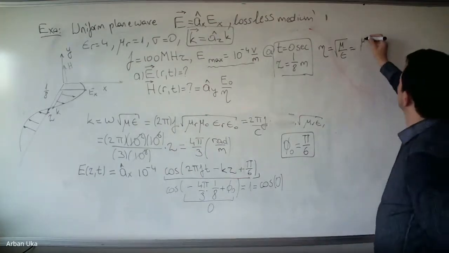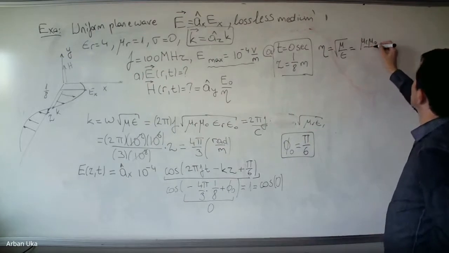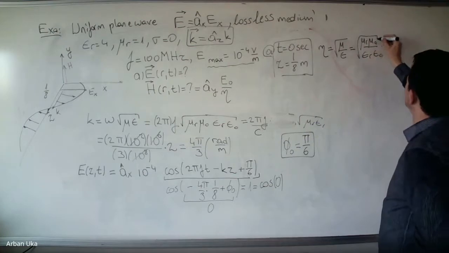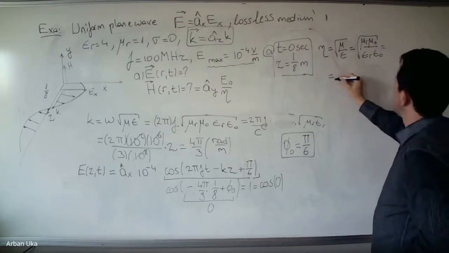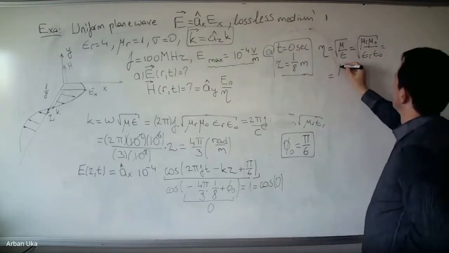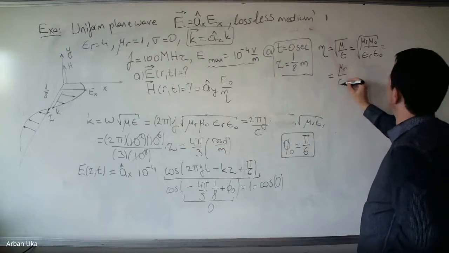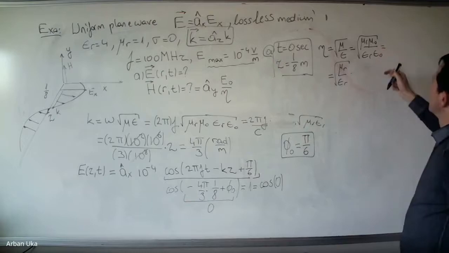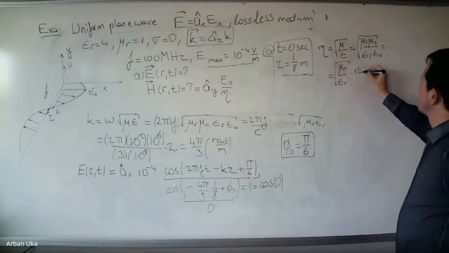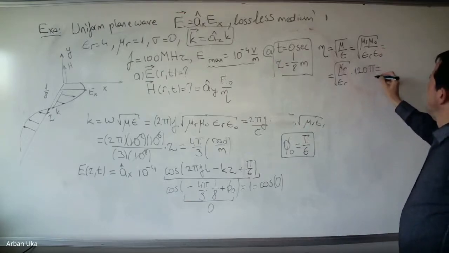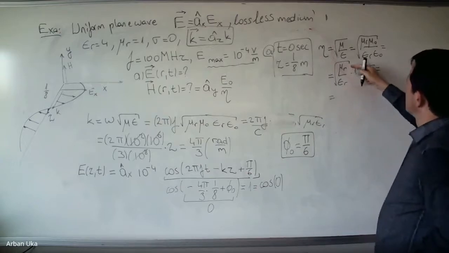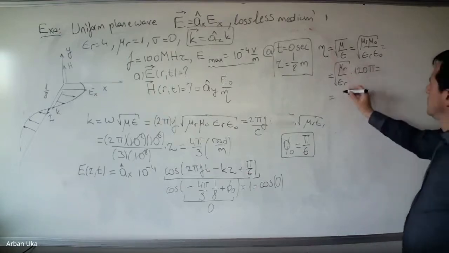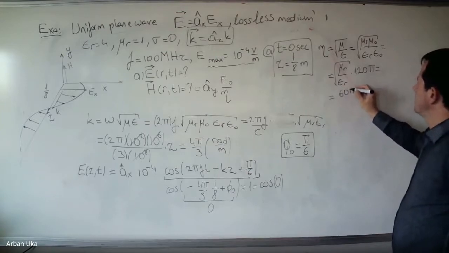We have here mu r mu 0 over epsilon r epsilon 0. This is all square root, and this is equal to the square root of mu r over epsilon r times the square root of mu 0 over epsilon 0. This was 120 pi, right? So this is equal to, this is 1 over 4 square root, so it's going to be 1 over 2. So this makes this 60 pi, okay?